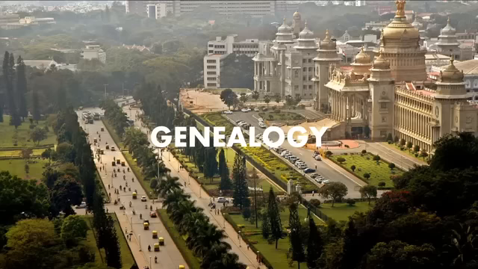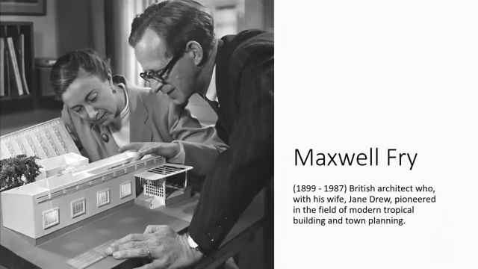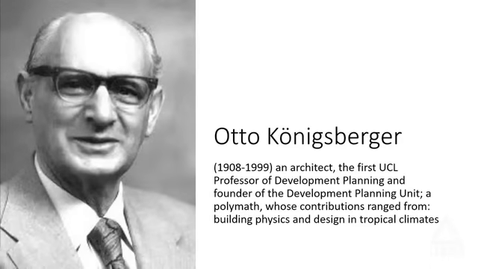We all know that India was a British colony, and two major players, Maxwell Fry, a British architect, along with his wife, pioneered tropical building and town planning, as well as Otto Königsberger, an architect of University College London. He's a German who actually in World War II defected to the United States.